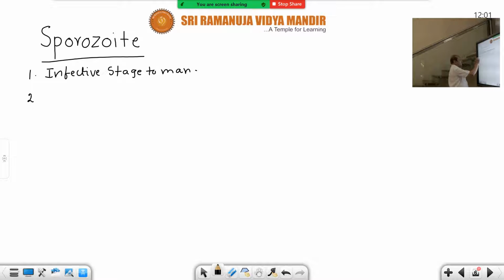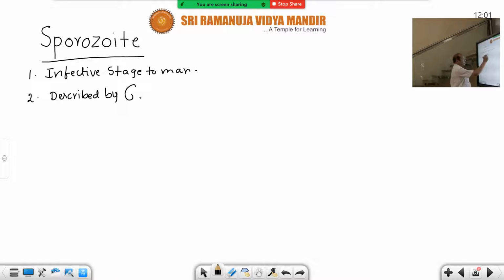This monograph on sporozoite was described by the scientist Shortt and Garnham. Actually, Garnham described it, but it was clearly described in a monograph. Generally, do you know what a monograph is? If any particular organism is taken and a description of it is given, then it is called a monograph.